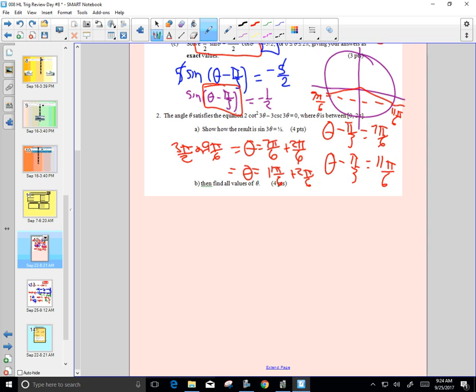What's this 13 pi over 6 the same as between 0 and 2 pi? Just pi over 6, yeah. So those are your two values between 0 and 2 pi that satisfy that equation. Very, very within your ability range, but pretty challenging.